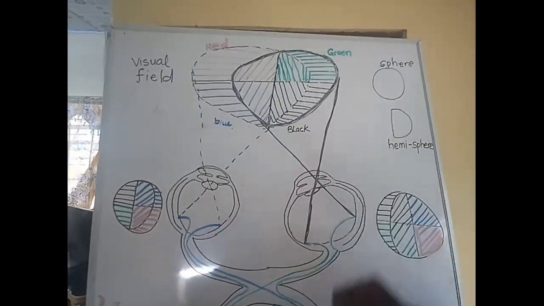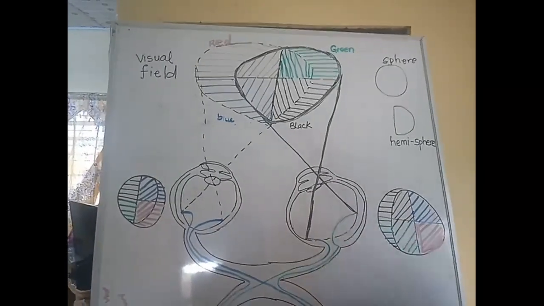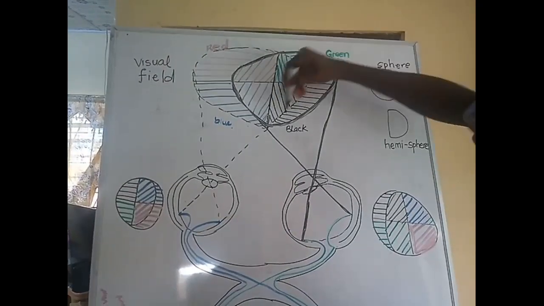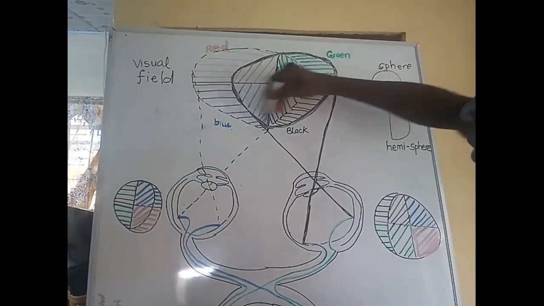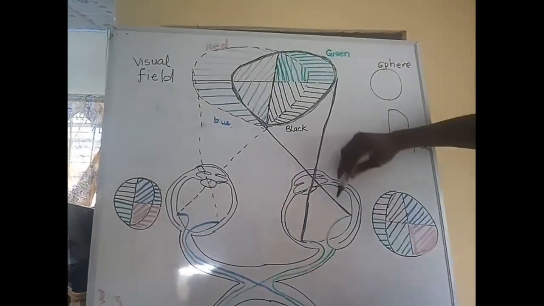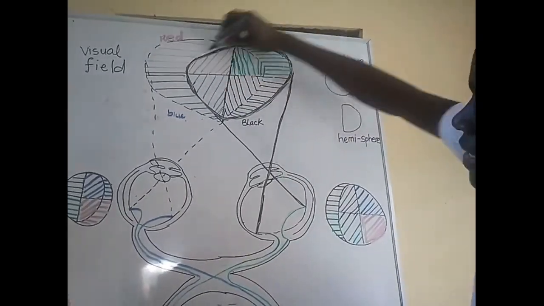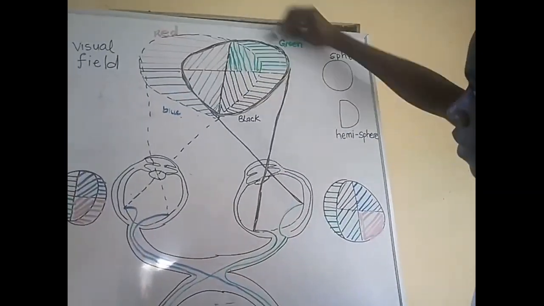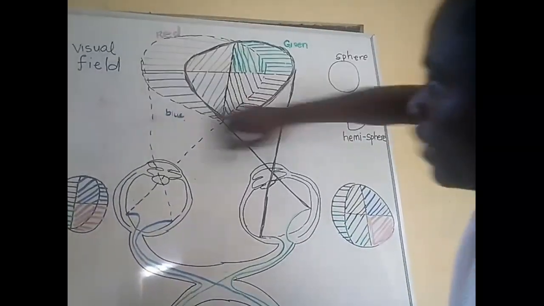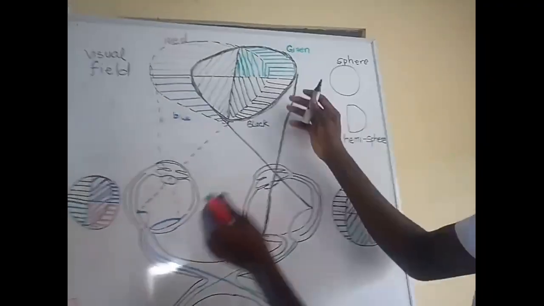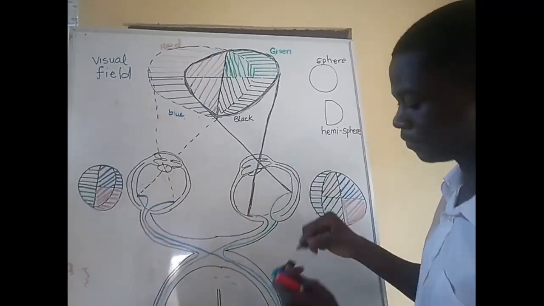The total field that is perceived by this eyeball is what we see in the short dashed line circled area. The visual field that is seen by this eyeball is what we see in the darker circle. But they all come together to give us a big circular structure forming the entire visual field of the eye.